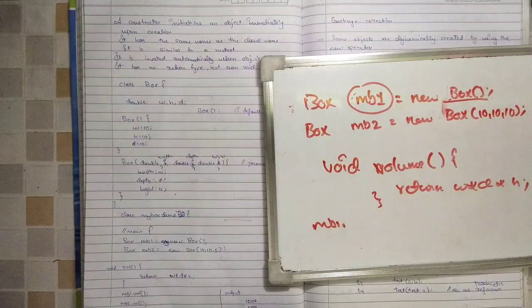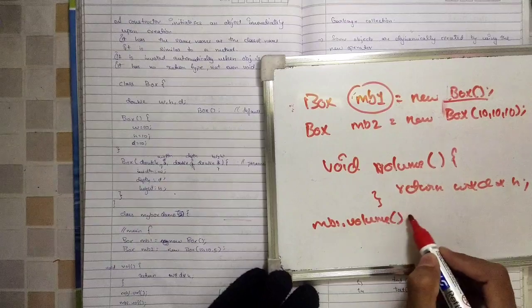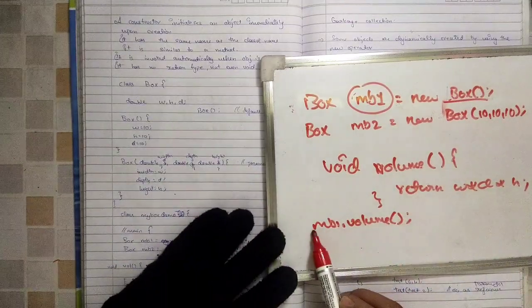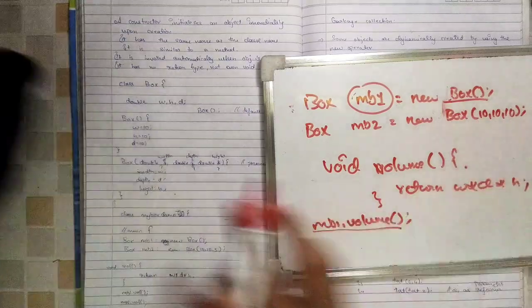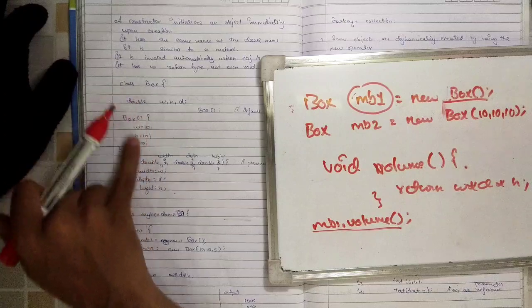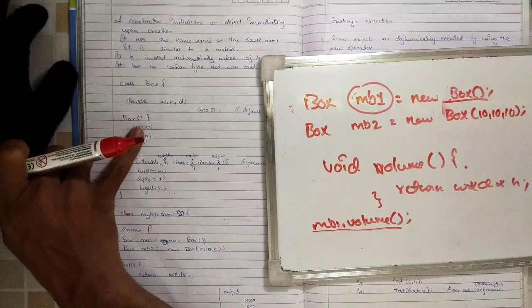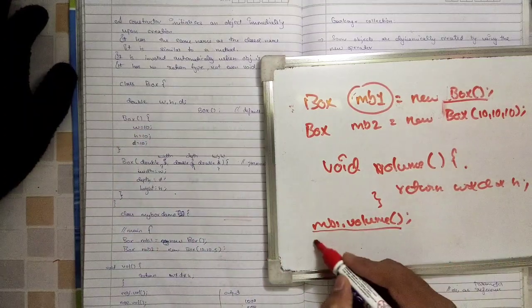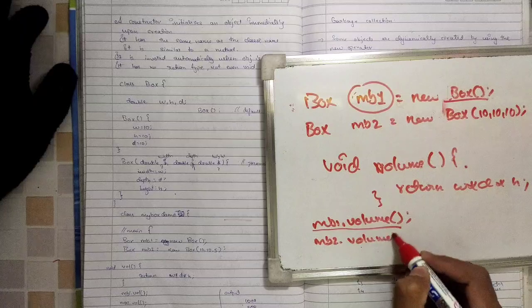You have seen the dot operator, so I have to follow this. This will invoke this function. Now how will it take the values? As you can see here, we didn't pass any parameters, so it will automatically understand that it is called from this constructor. The values assigned inside this constructor will be used here, and the result will be generated. And let me call mb2 dot volume.